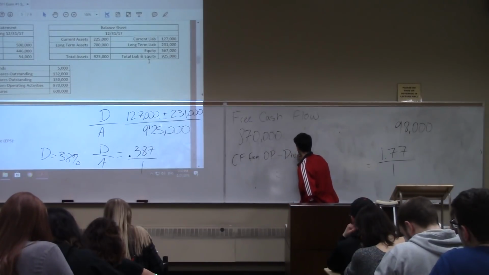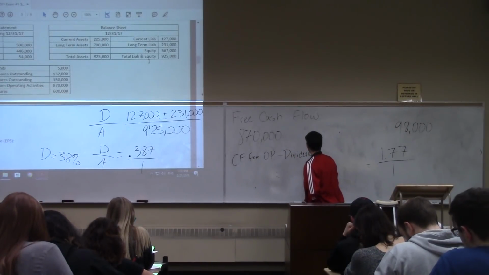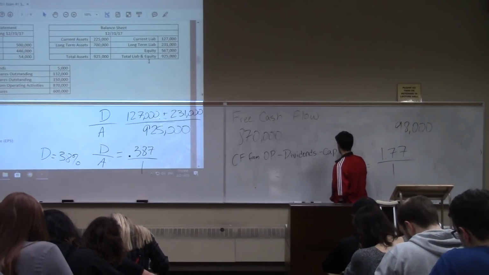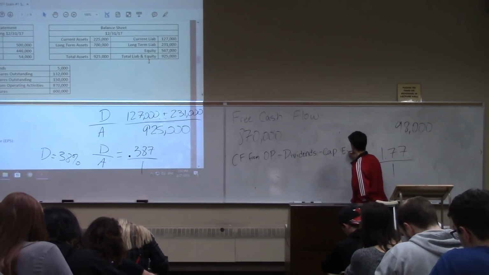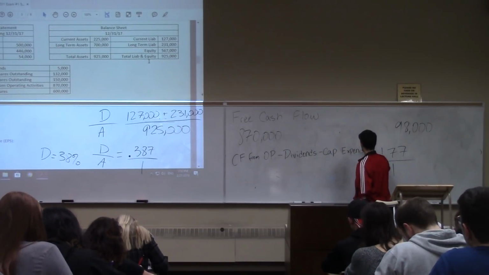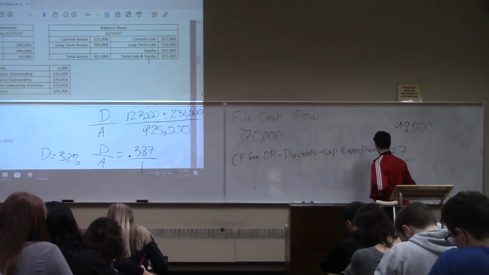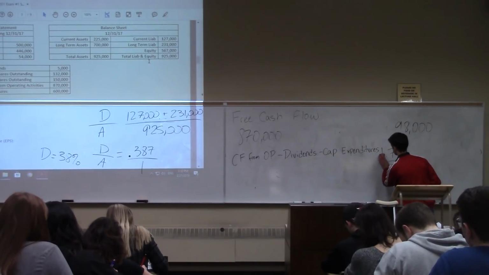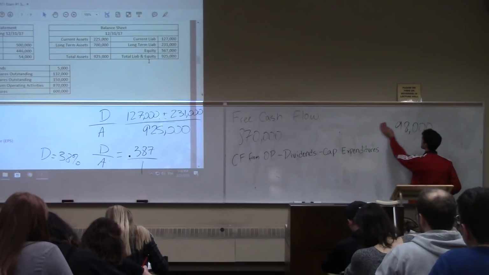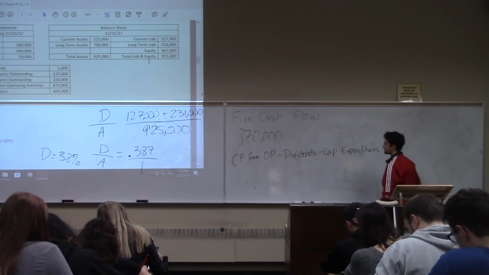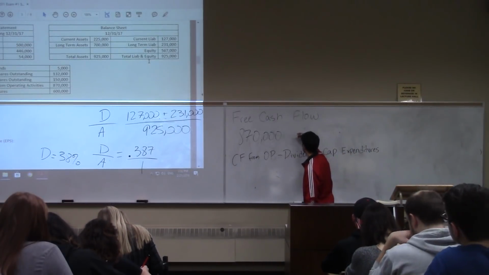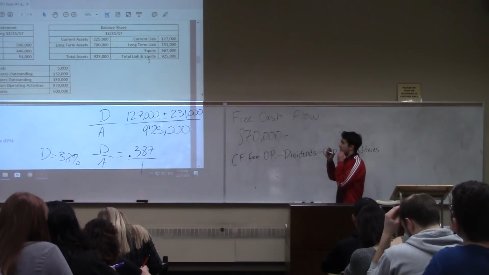Minus our dividends, minus our capital expenditures. So here's our cash flow from operations minus our dividends.